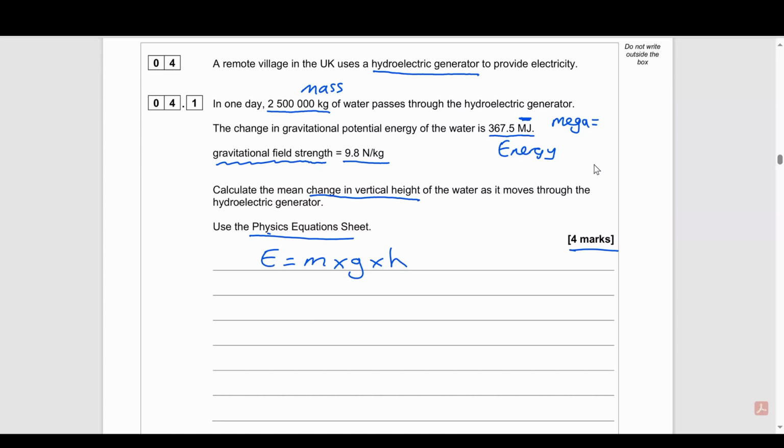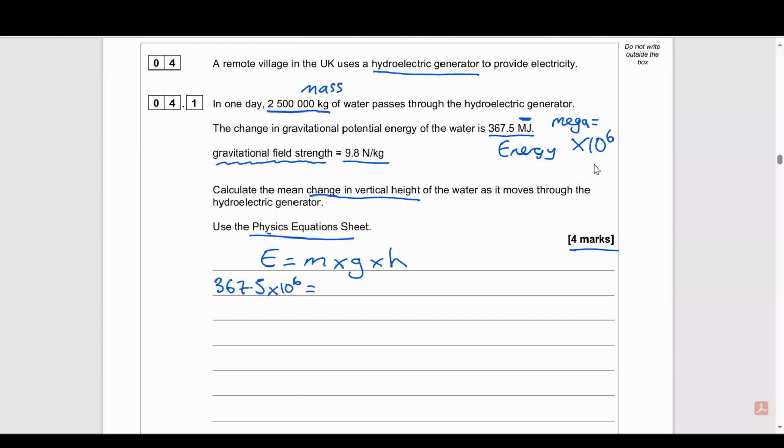So mega is equal to a million. That would be times 10 to the power of 6. So that means if I've got 1 megajoule, that would be equivalent to 1 million joules. So what we'll do is the same thing that we did previously. We're going to convert the value to joules. So that will be 367.5 times 10 to the power of 6.